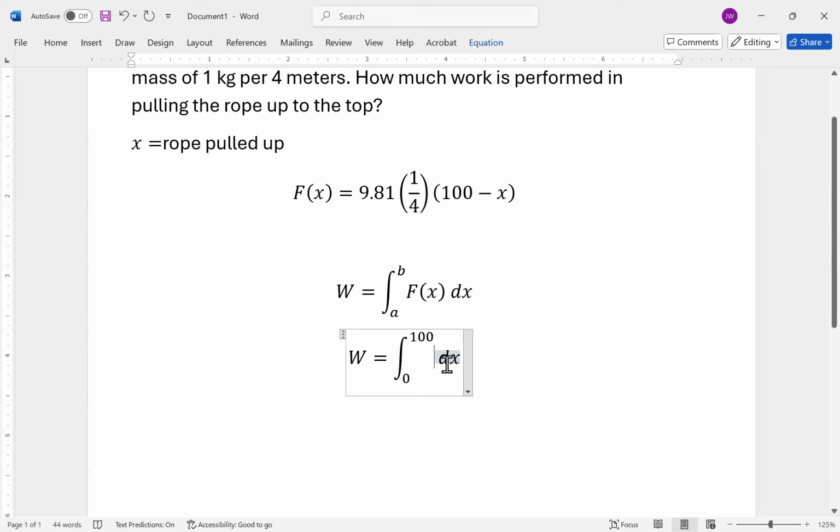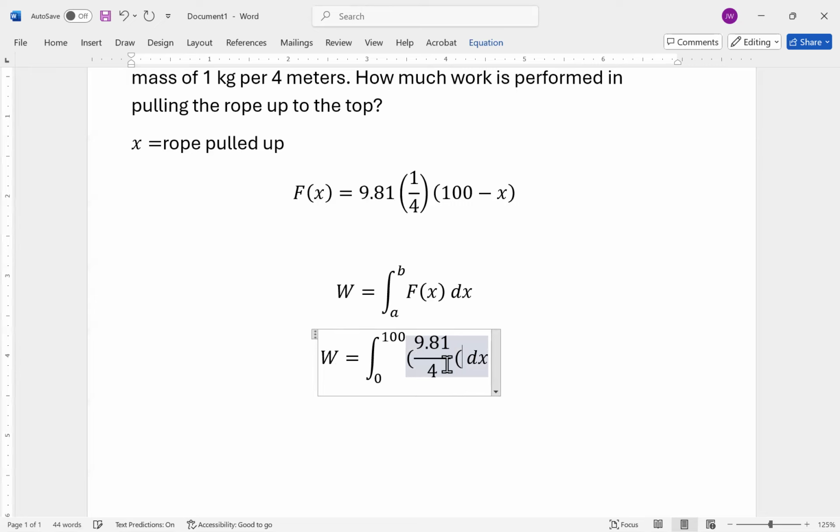Like we said, that force function is 9.81 times 1/4 times 100 minus x. So I'm going to write that in as 9.81 over 4 times the quantity 100 minus x.